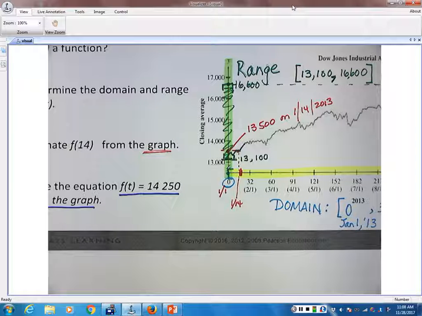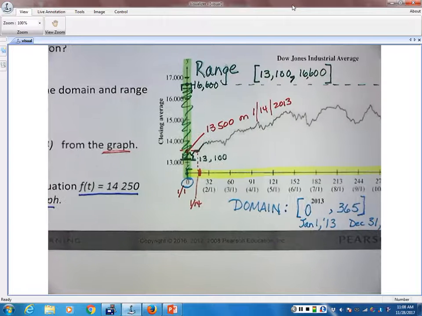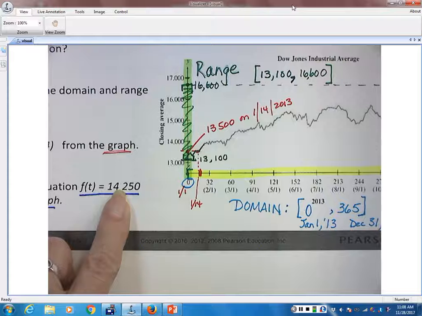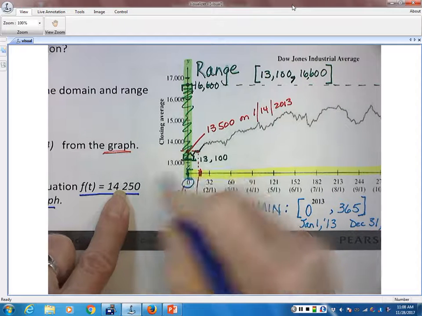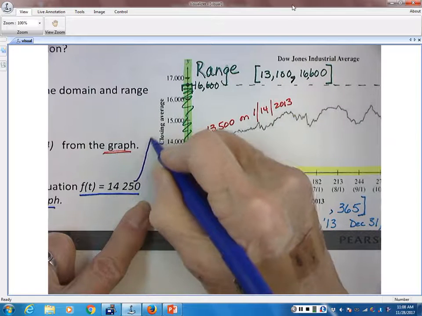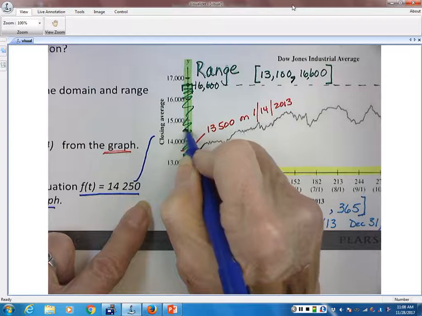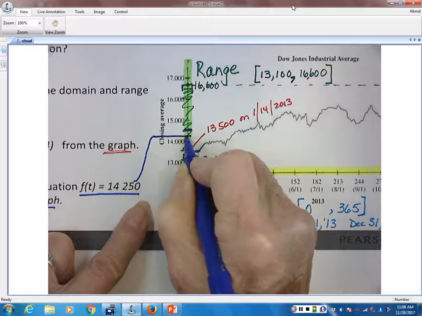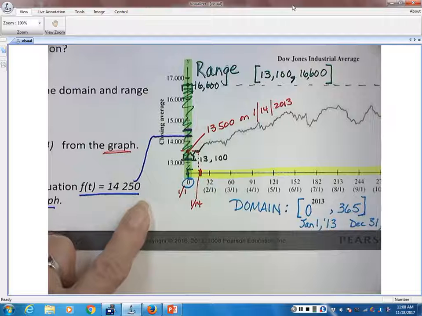There is not one. So what we're saying, f of t is 14,250. That means 14,250, if this is 14.5, 14,250 is probably right about there. Okay?